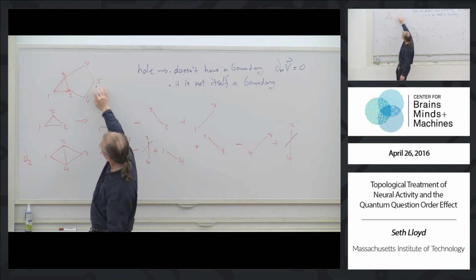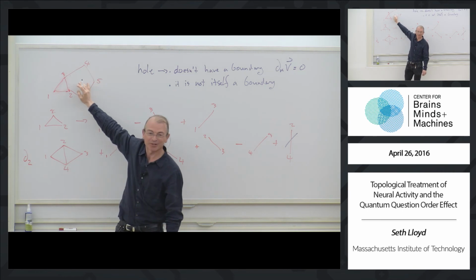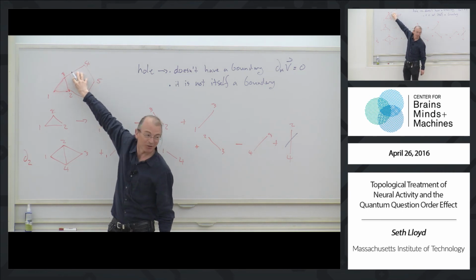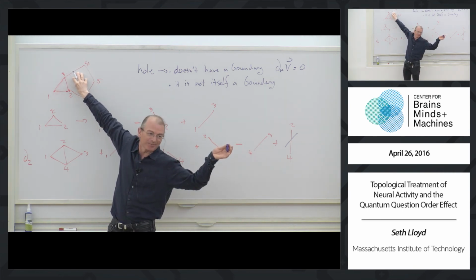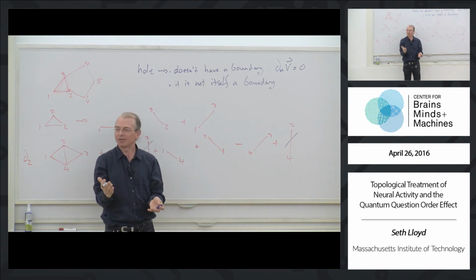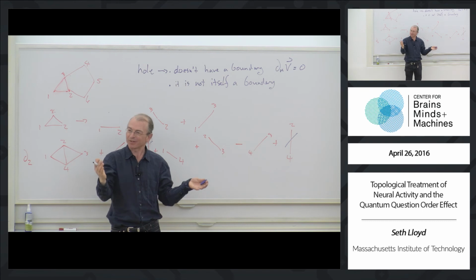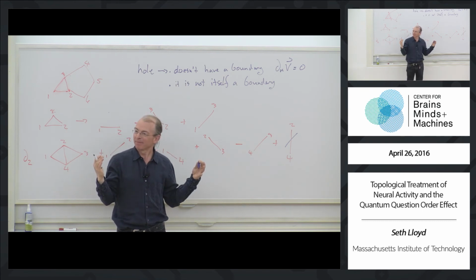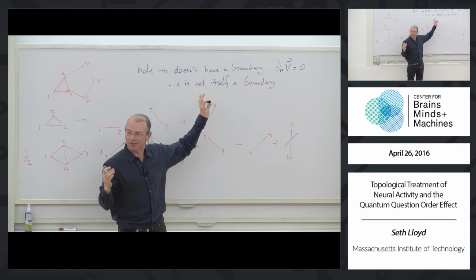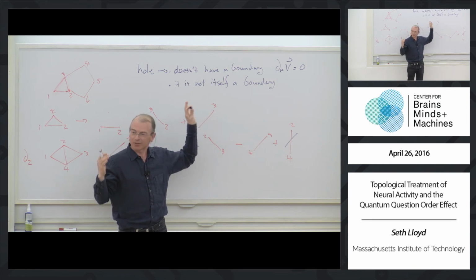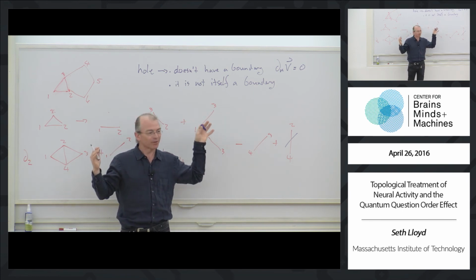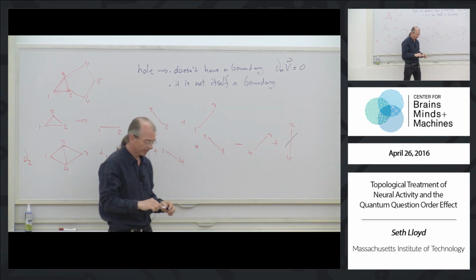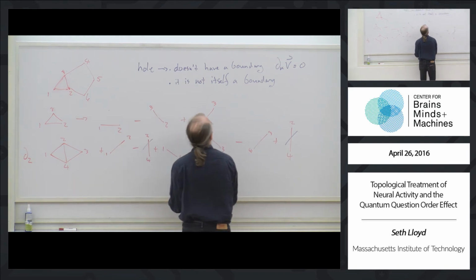This chain of simplices around here is the something which is not in the complex. Each hole has a surface, the surface is boundaryless, and it is not a boundary. And everything that is boundaryless and not a boundary is a topological feature. All right?